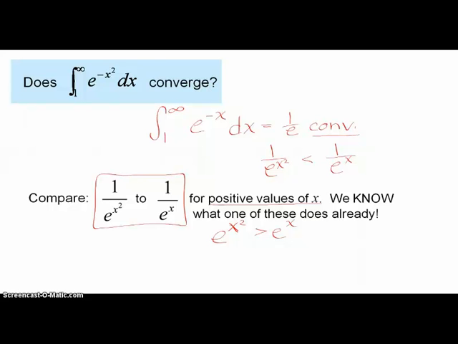And if that's the case, when I put those in the denominator of a fraction, here I am dividing by a bigger value. This has a bigger denominator than this function does. And if I'm dividing by a bigger number, then the fraction's going to yield me a smaller output. And that's all we have to show the AP reader.